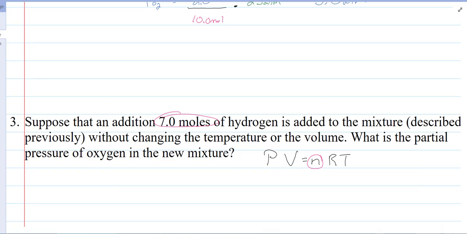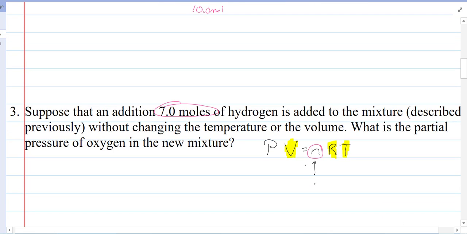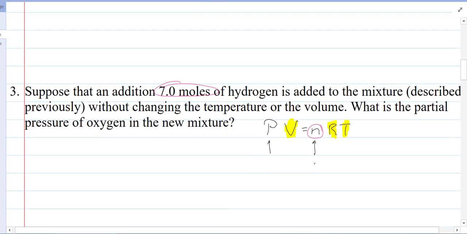So temperature is not changing. R is not changing. The volume is not changing. So if N changes, does P change? Well, it has to, right? So how do we attack this problem? Well, I guess we can use the ideal gas law, right? Because I know if N changes, the total pressure changes.